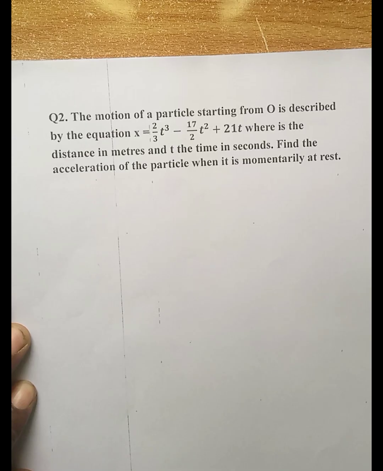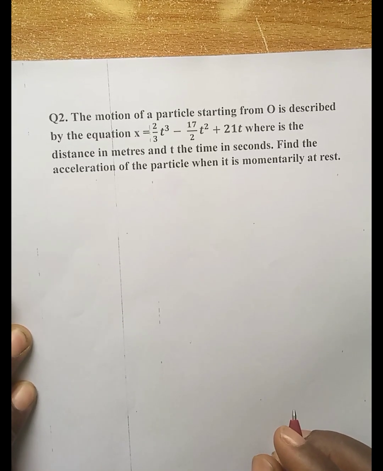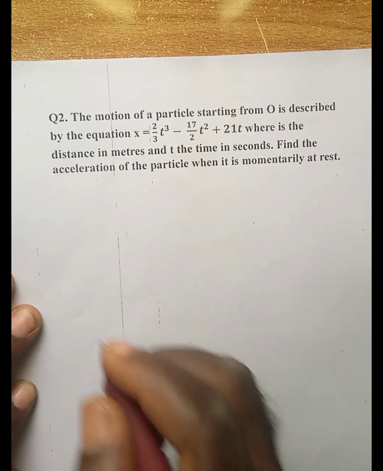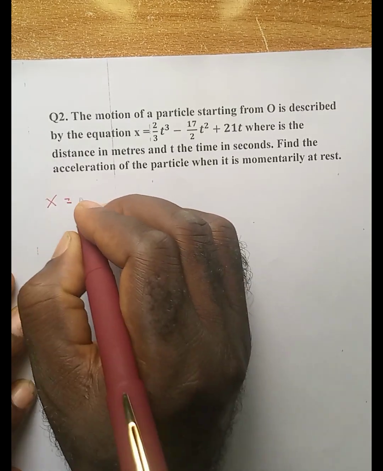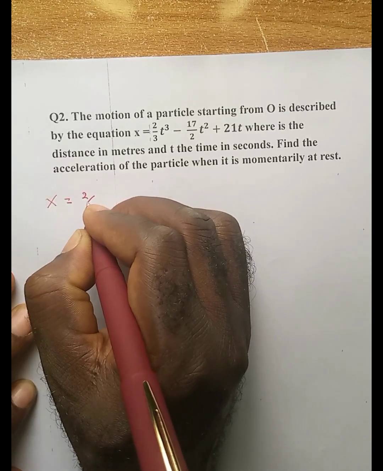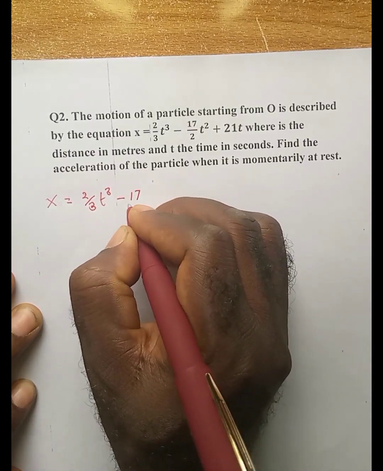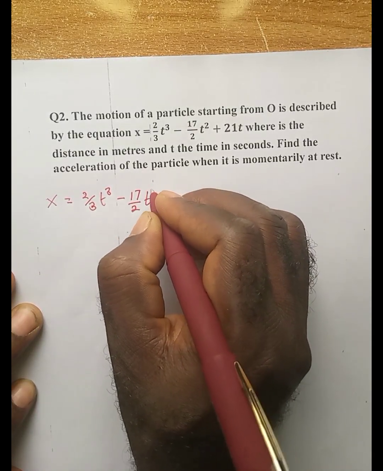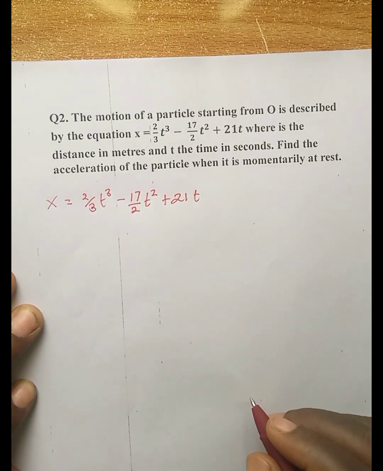We have to find the acceleration of the particle when it is momentarily at rest. Now, what we need to do here is the distance as a function of time is given as x, which is equal to 2/3 t cubed minus 17/2 t squared plus 21t.